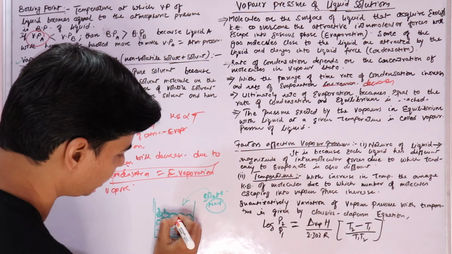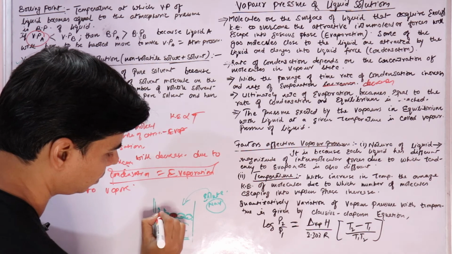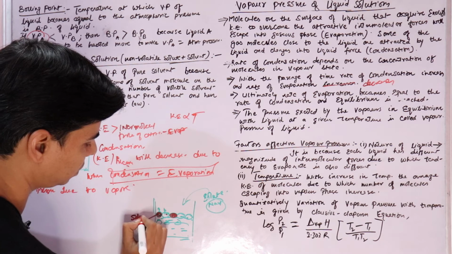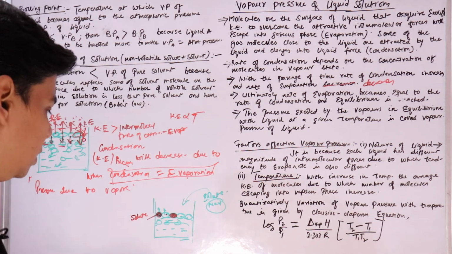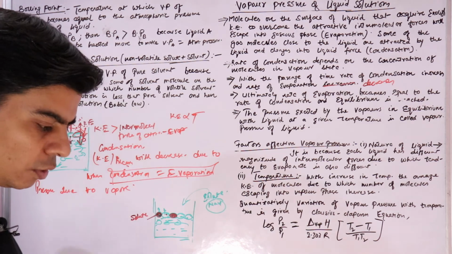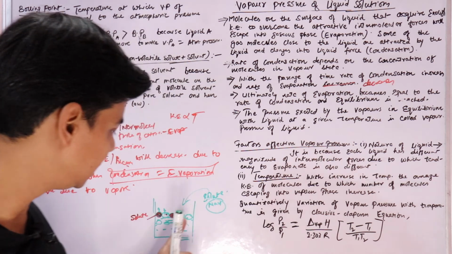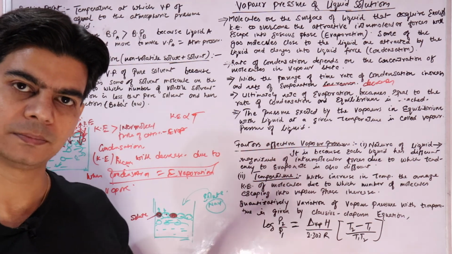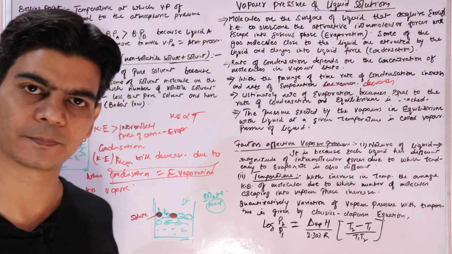Suppose these are the two liquid molecules that are replaced by solute molecules. So now we have fewer molecules of liquid at the surface. Fewer molecules at the surface means fewer molecules will go into the vapor state. Fewer molecules going into the vapor state means less vapor pressure, right?